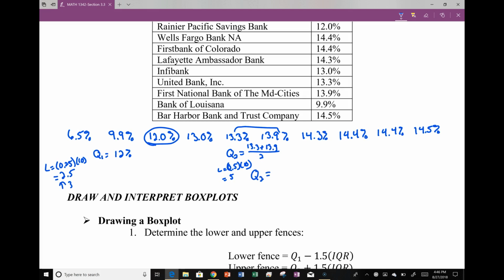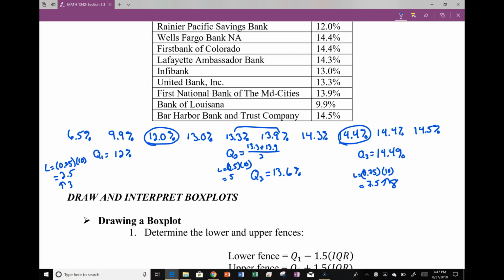Q2 is going to be 13.6%. Q3, the location is 0.75 times 10, which is going to give me 7.5. So I'm looking for the 8th position. 1, 2, 3, 4, 5, 6, 7, 8th position. 14.4.